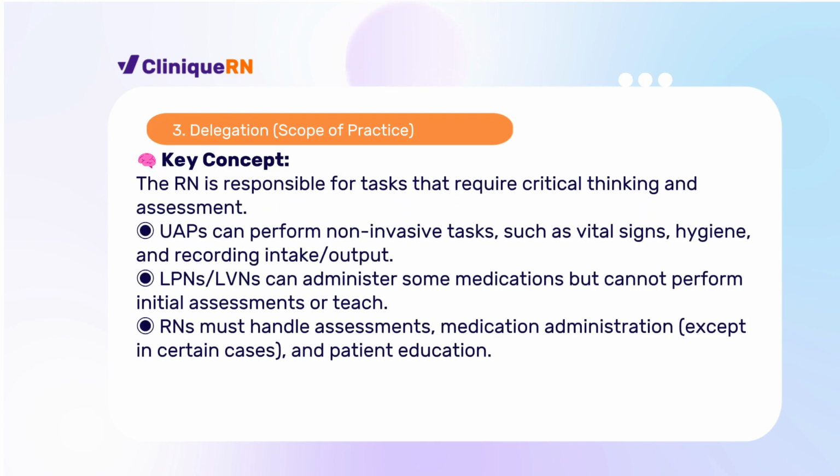Key concept. The RN is responsible for tasks that require critical thinking and assessment. UAPs can perform non-invasive tasks such as vital signs, hygiene, and recording intake and output. Licensed practical nurses or licensed vocational nurses can administer some medications but cannot perform initial assessments or teach.